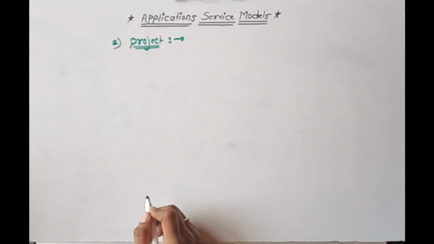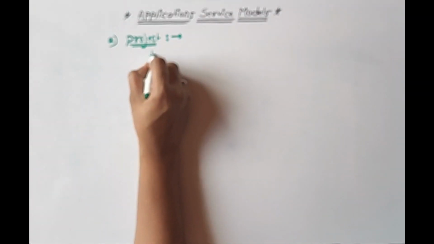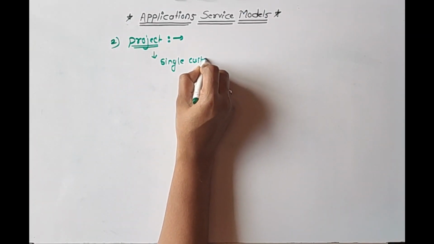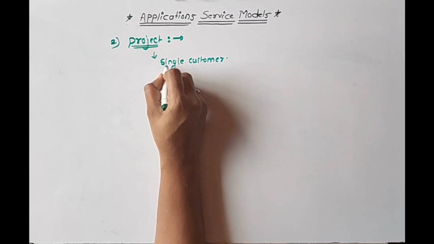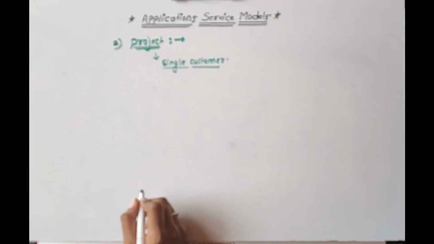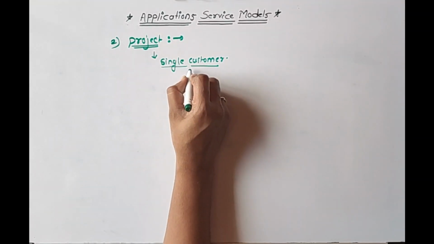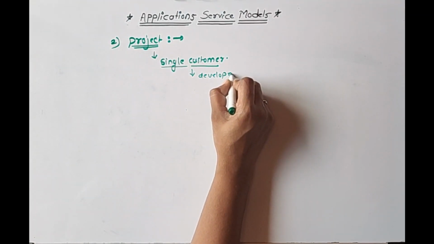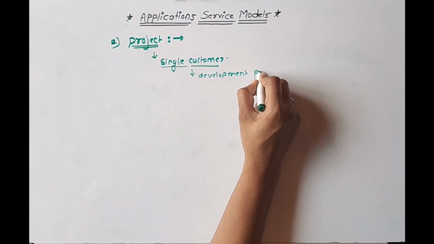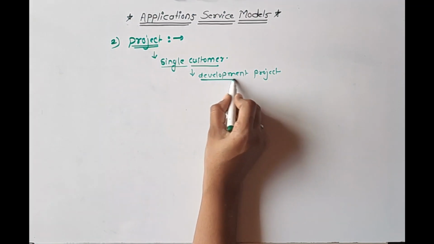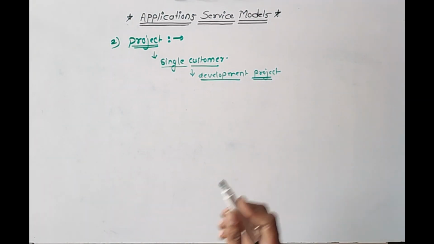Project is nothing but when an application is developed for a single customer. When it is developed for a single customer based on his specific need, that development activity we call a project.